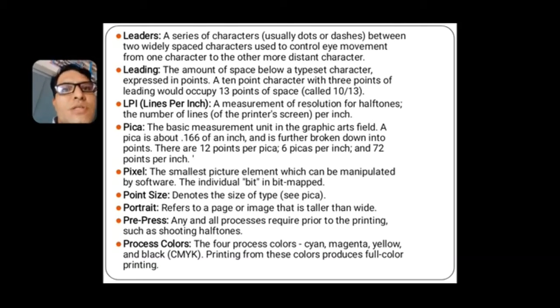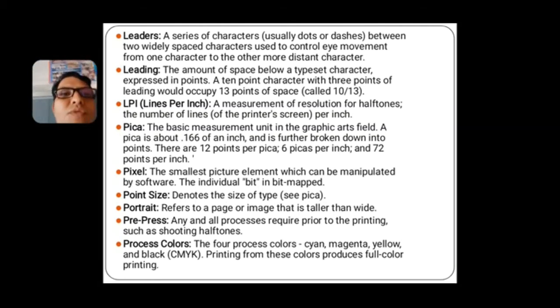Here the halftone consists of the dots and good resolution, and we are also identifying the number of lines per inch. So lines per inch means we are measuring the resolution of your dots.